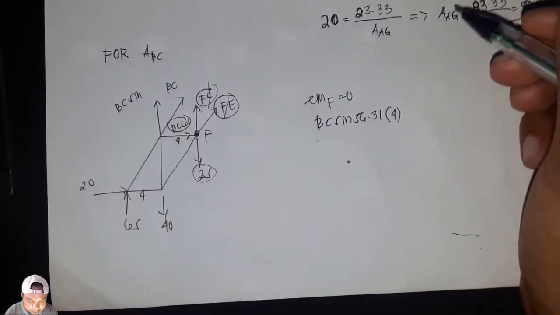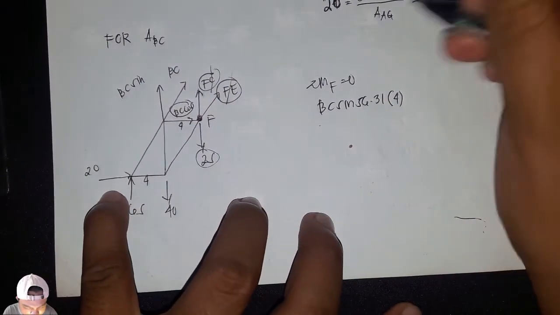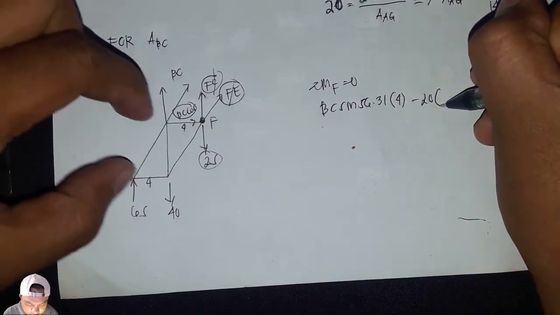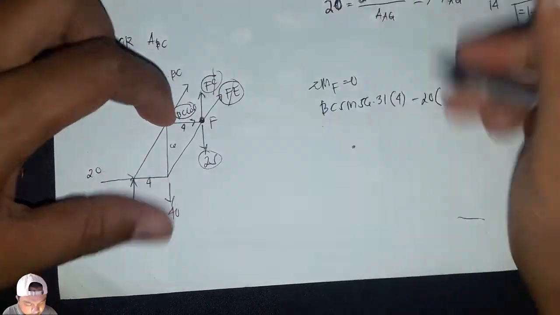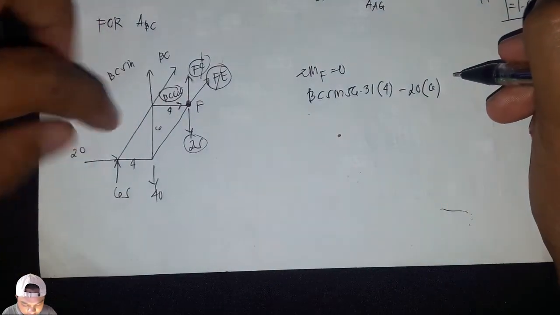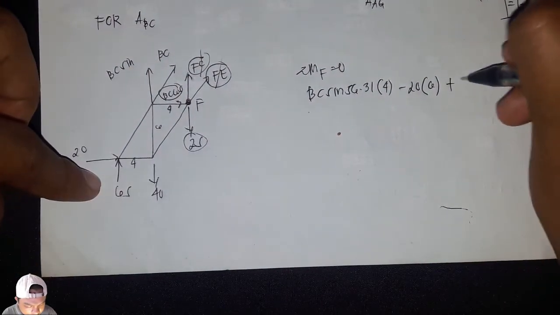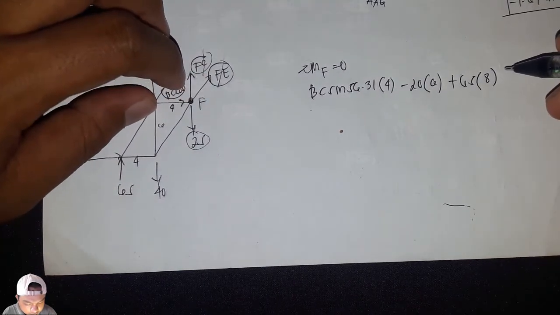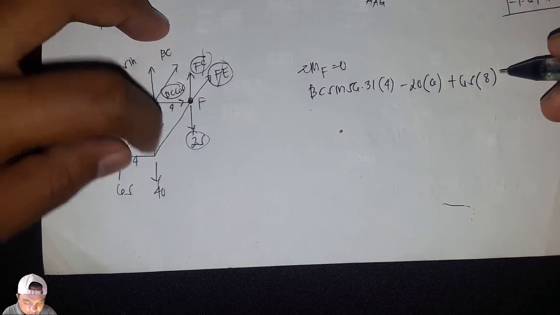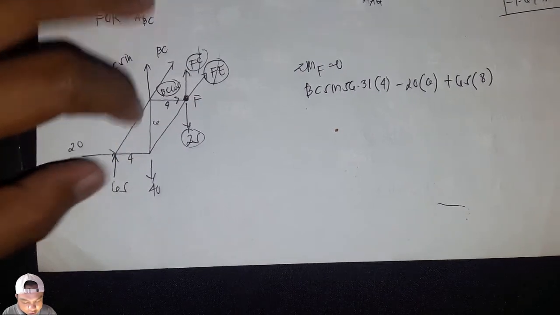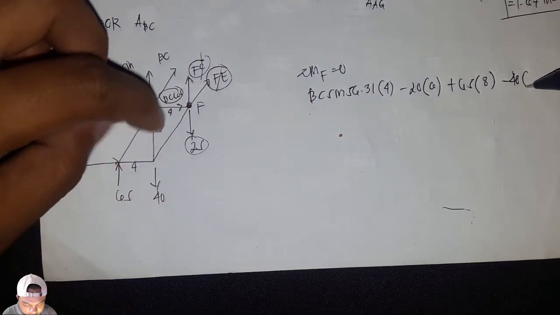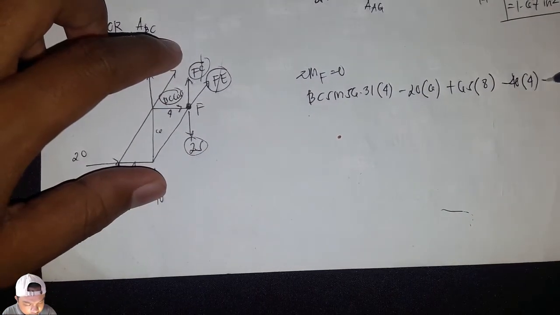Then what else? Negative 20 times the distance is 6. Then positive 65 times 8. Then our 40, negative 40 times 4 equals 0.